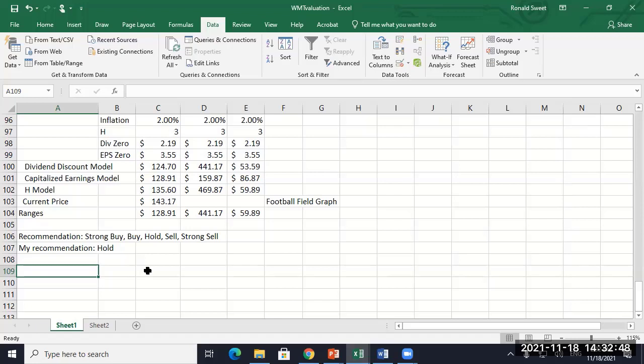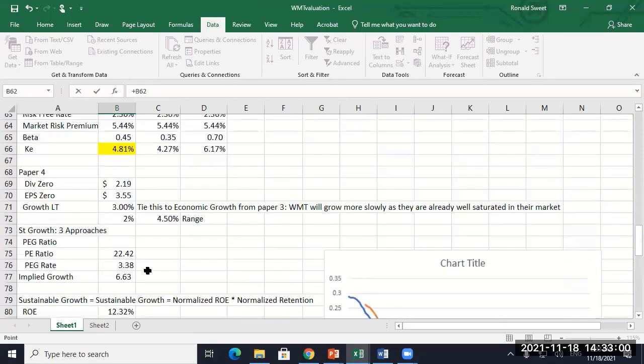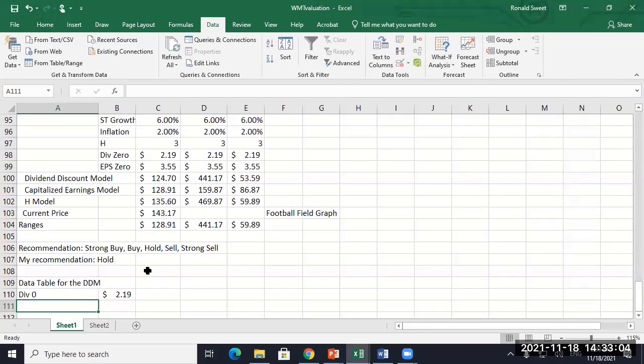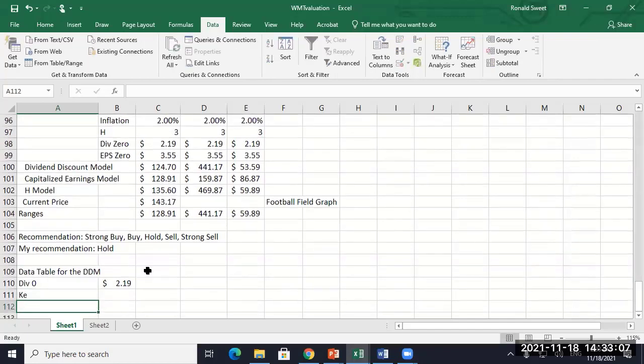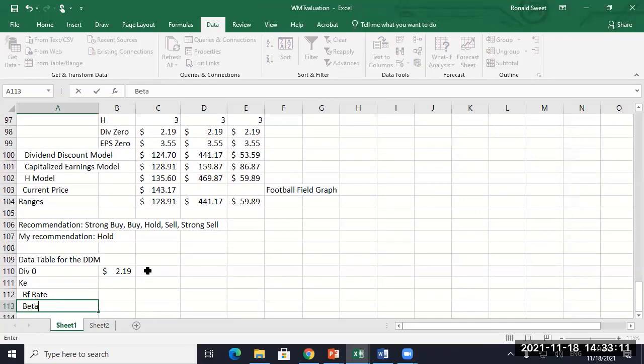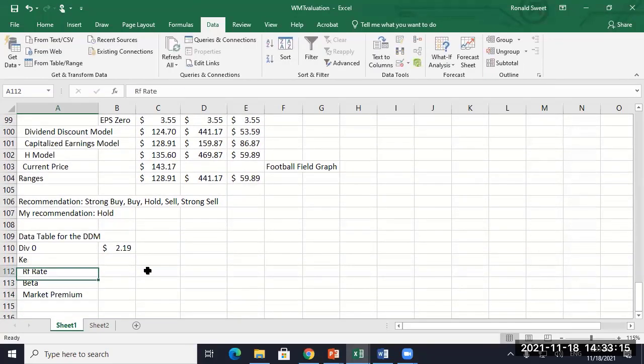So let's try. We're going to build a data table for the dividend discount model. All right. So our dividend 0, let's just go get those numbers again. Dividend 0, our KE, we got our risk-free rate, got a beta, we have a market risk premium. Let's go get those.